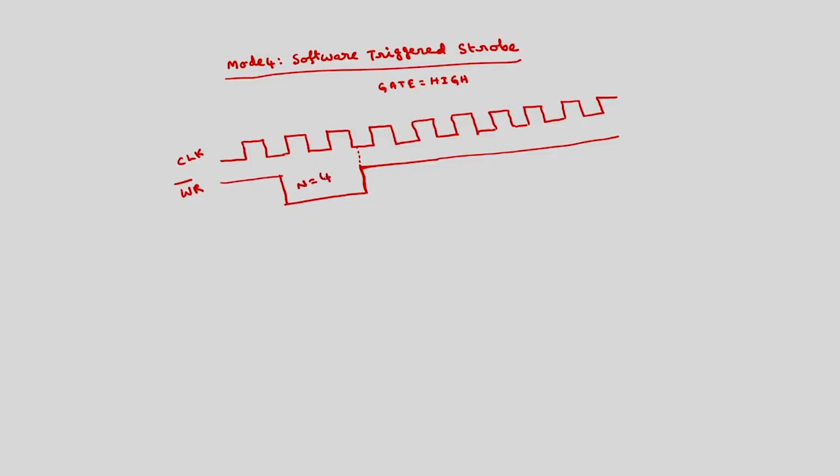I am assuming n is equal to 4. Once this n value is loaded into the counter, from the next negative edge onwards, this is the next negative edge, the out signal remains high for n clock cycles and then goes low for 1 clock cycle.